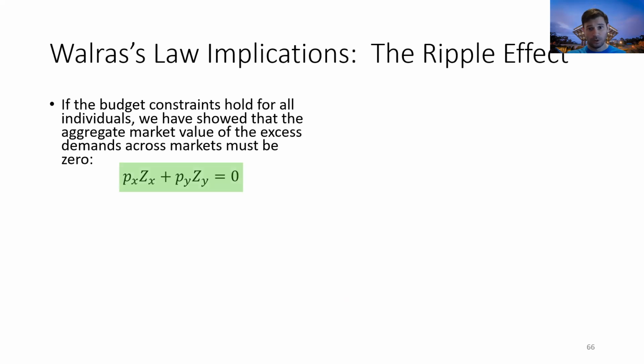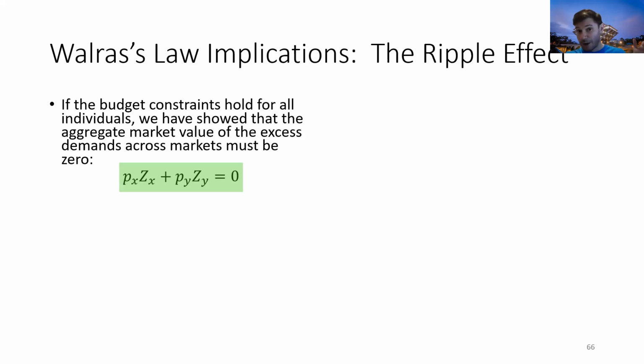Now, what do we know is true about the value of prices, PX and PY? What type of values should those be? PX and PY. Yeah, they should be positive. PX and PY are both prices, so they're not going to be negative.